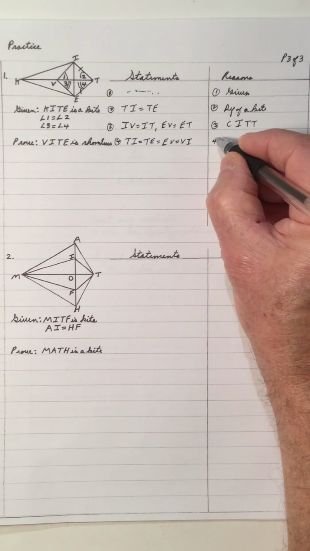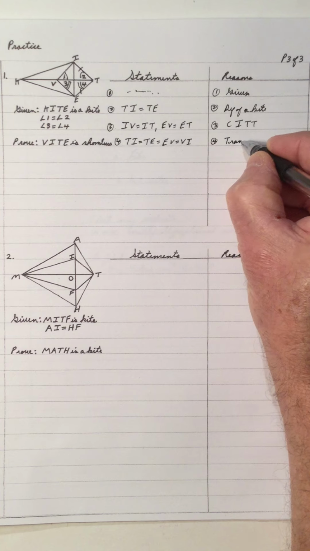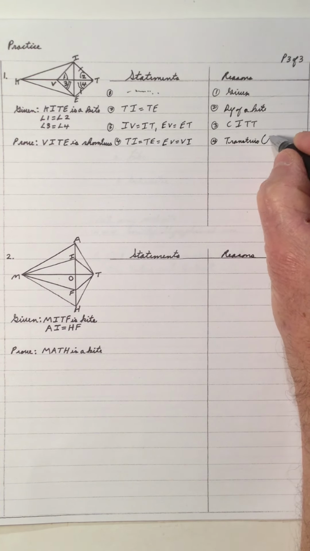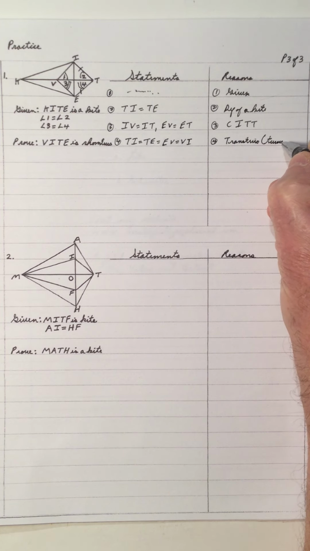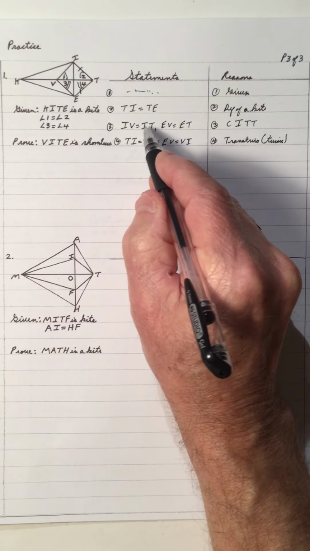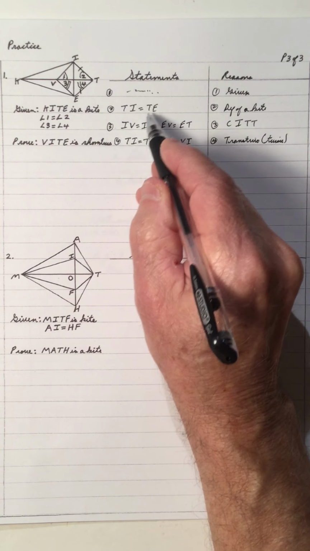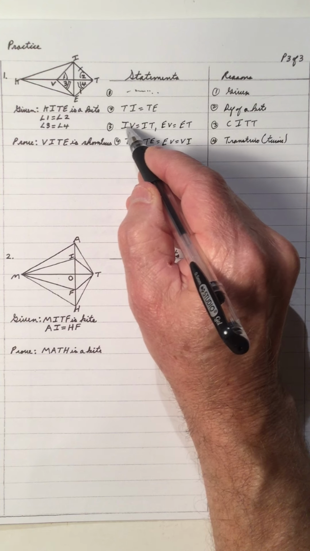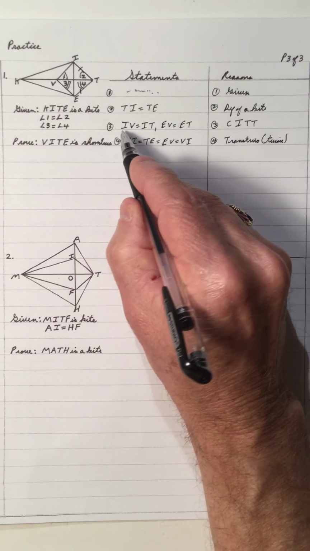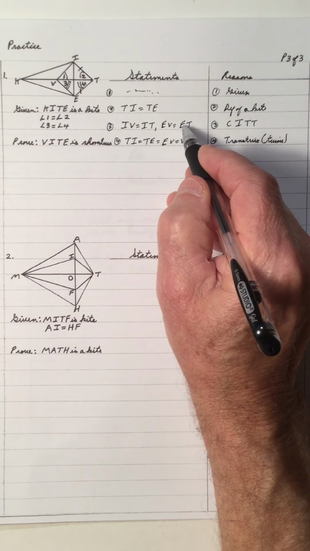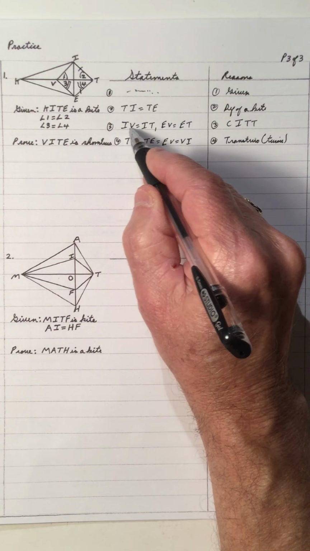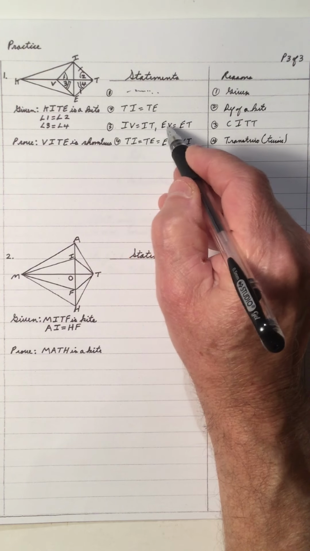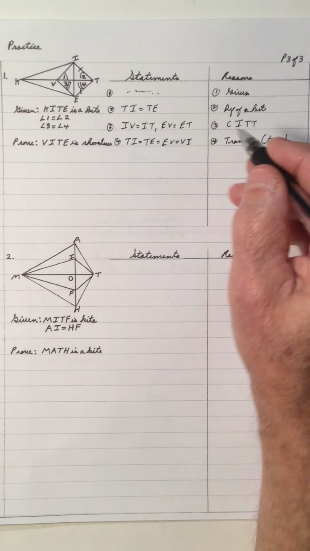They're all equal, and that's the transitive property. But it's the transitive property twice. So what we're saying is that IT is equal to IV, IT is equal to TE, so that means TE equals IV, once. Now we got TE right here. TE is equal to IV, ET is equal to EV, so IV is equal to EV. So that's transitive property twice.